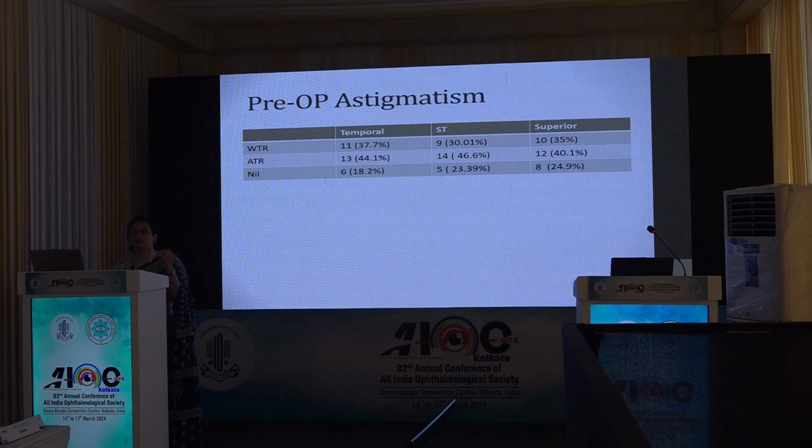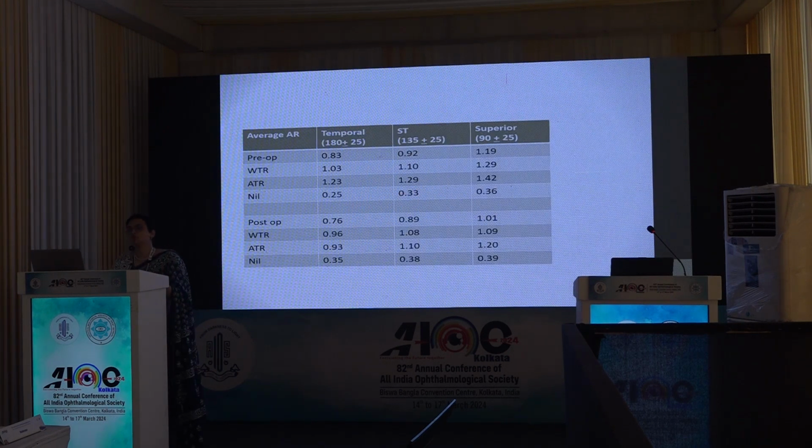Patients also were divided into those having with the rule astigmatism, against the rule astigmatism, and patients who showed some keratometric readings but did not accept any cylindrical power. This was to evaluate if the correction index was the same in both, or different for the two types of astigmatism.